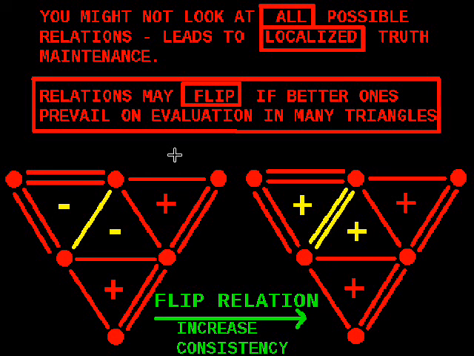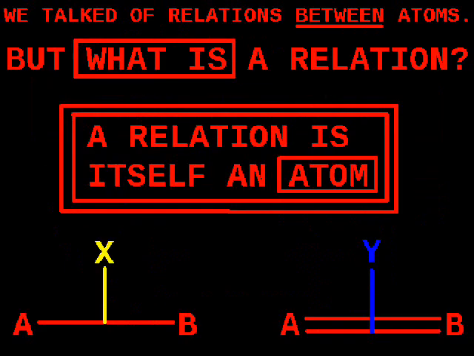Now let's look at an entirely different point. What is a relation? So far we were talking about the relations between atoms. But what is the relation itself? Well, as we said that in the thought space there can be terms which we call atoms, then what other thing could a relation be if not an atom itself?